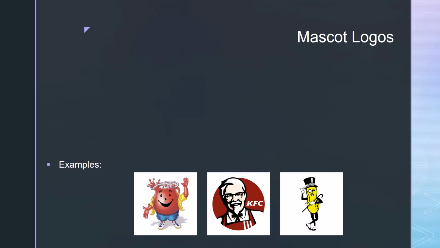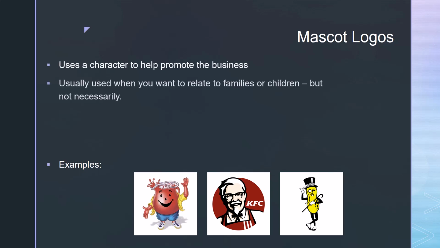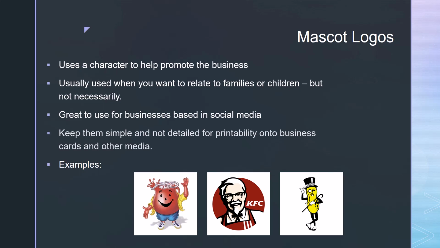Next up is a mascot logo, which are the fun guys, and this is basically where you use a character to help promote your business. So it's usually used when you want to relate to families or children, but it's not necessarily used for that. It's great to use if your business is based in social media because it's instantly recognizable and you can create a big following based on the character.